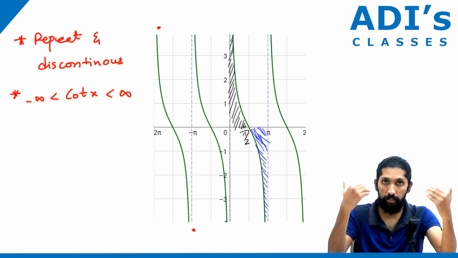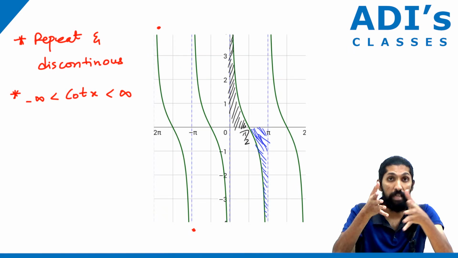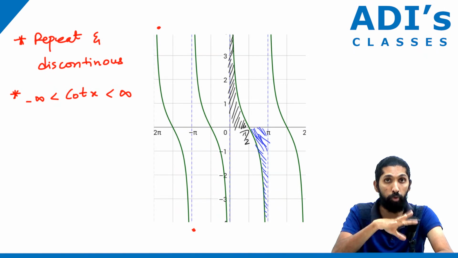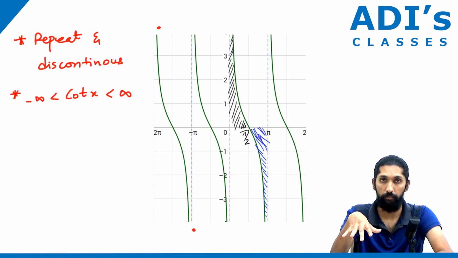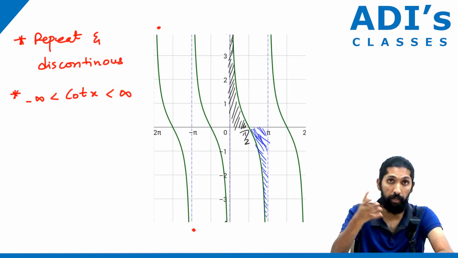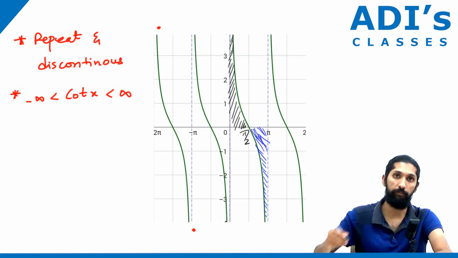Now try to understand how the concept of allied angles, the sign of trigonometric functions, and how you can link those two with the graph. Like when you do sine of pi plus theta, you get minus sine theta. One example I'll show you with the cot graph itself.